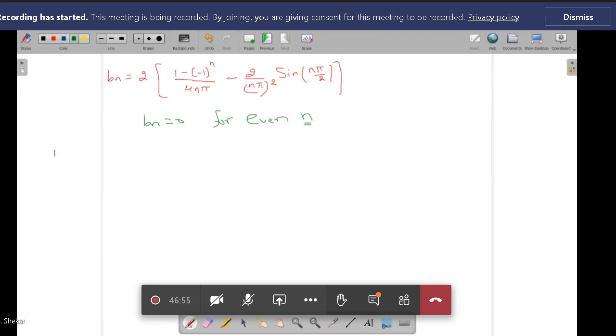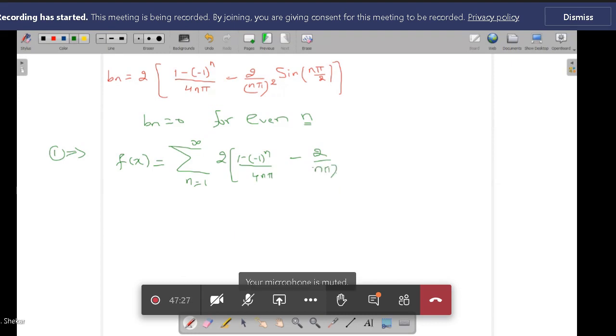So equation 1 implies, what is that? F of x equals summation n running from 1 to infinity of Bn, that is 2 into 1 minus minus 1 to the power n divided by 4 n pi minus 2 divided by n pi whole square into sin n pi by 2, into sin n pi x.